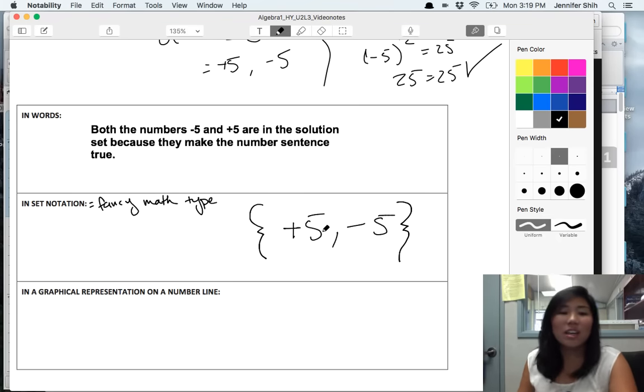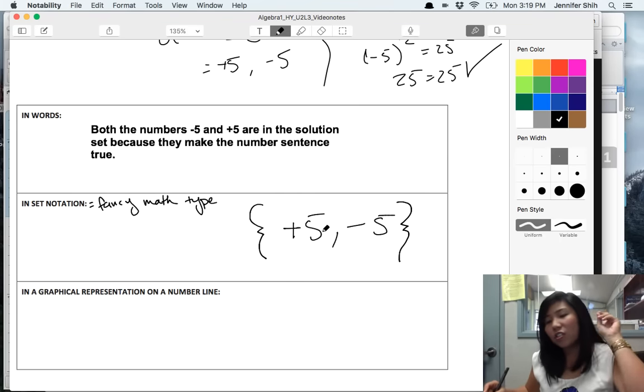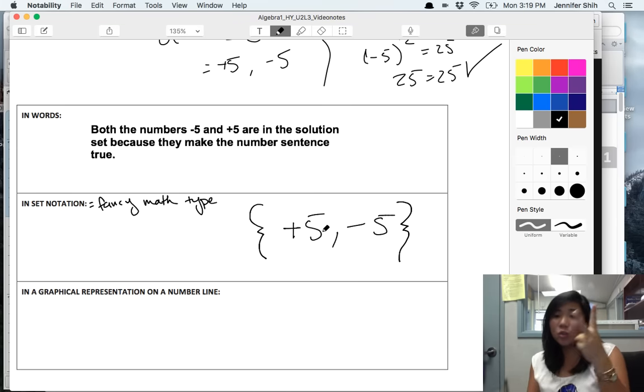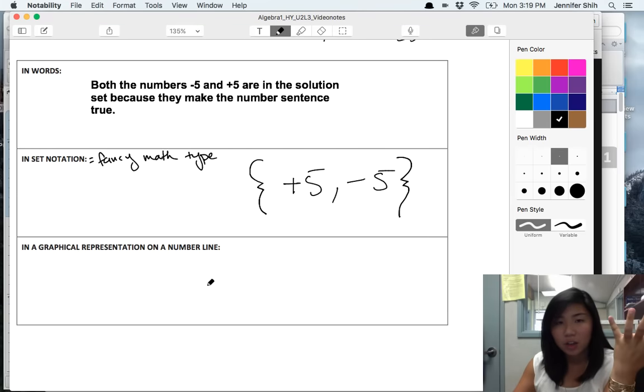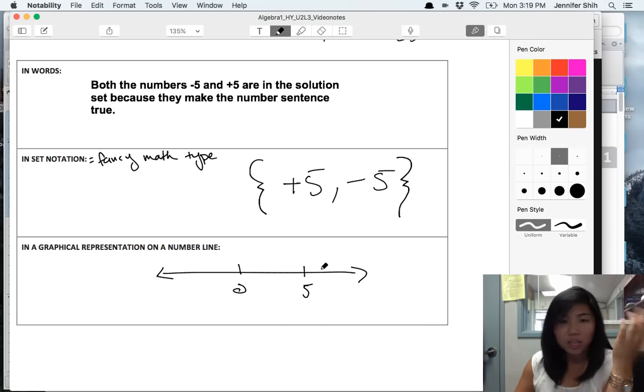I think it's fun. Okay, finally, there's one more way. You have to do this on a number line. So you have two solutions. Sometimes you only have one. In this case, you have two solutions, and you need to be able to graph your solution set on a number line. So it's very simple. If this is 0, this is 5. Notice I didn't put all the little tick marks.